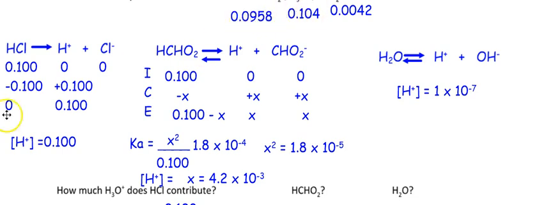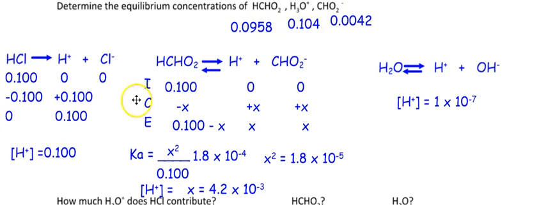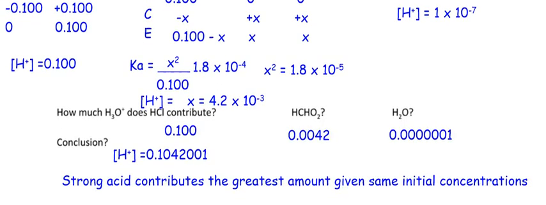The H3O plus concentration is what I got when I added them all together. And then the formate ion is what our X was, and so it is 0.0042. So I think I've answered all the questions on this problem. Let's go to the next page.